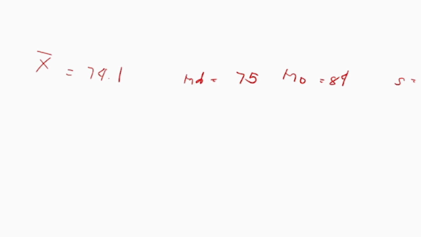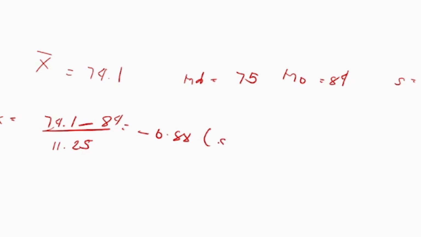Using the first formula, skewness is equal to the mean, 74.1, minus the mode, 84, over 11.25. If we compute this, we will get negative 0.88.